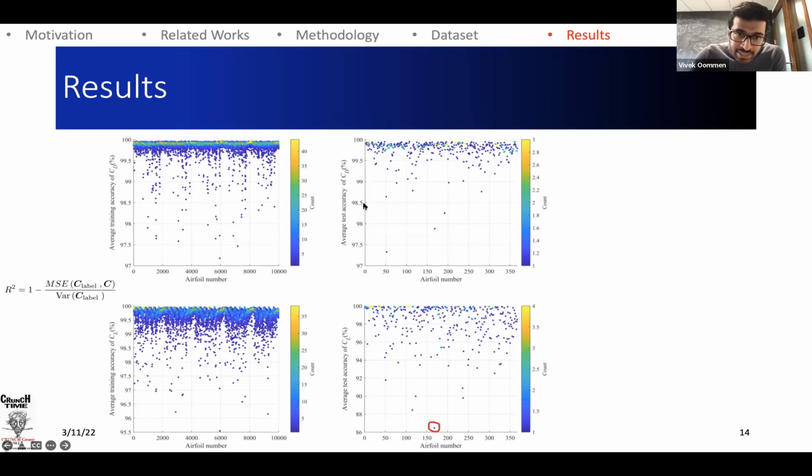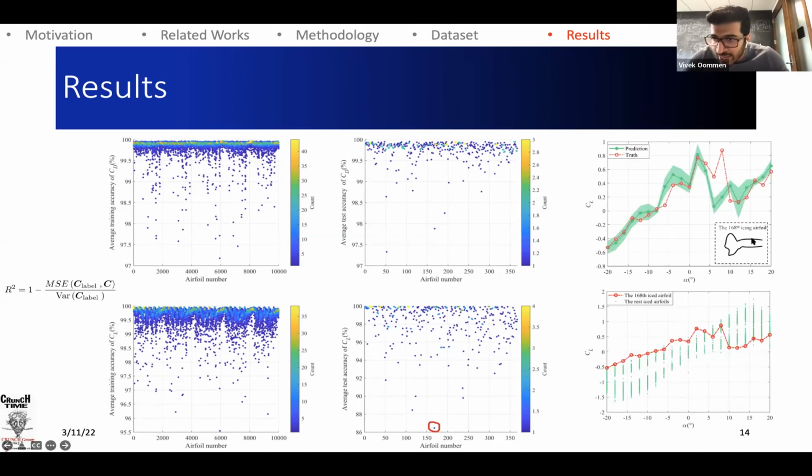For the test data set, for the coefficient of drag, the performance is good, varying from 97 to 100. But for the average test accuracy for the coefficient of lift, there is one sample whose accuracy is close to 86.4%. So they checked what happened with that particular case.